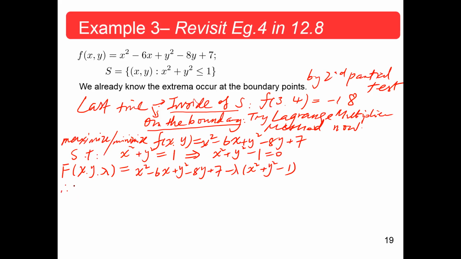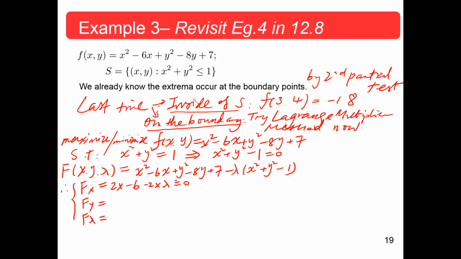Then we just do 3 partials. These are all polynomials, so it's easy to take partial derivatives. F_x would be 2x minus 6, and over here you have minus 2x lambda, equals 0.